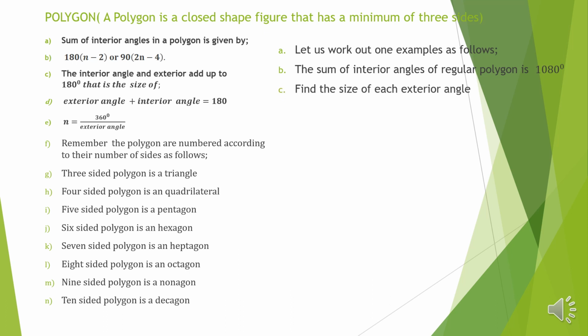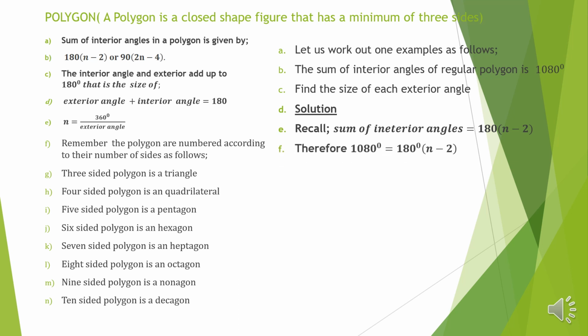Find the size of each exterior angle. Now, you can recall that the sum of interior angles of any given polygon is 180 into n minus 2. For this case, we can use that relation to find the value of n. Once we find the value of n, then we can substitute to get the exterior angle.